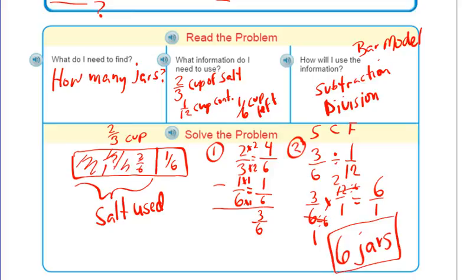All right, so there's a two-step problem, and using the bar model to help organize our thoughts. What I'd like you to go ahead and do now is please turn the page to 127, and we are going to work through question 1 at the top.